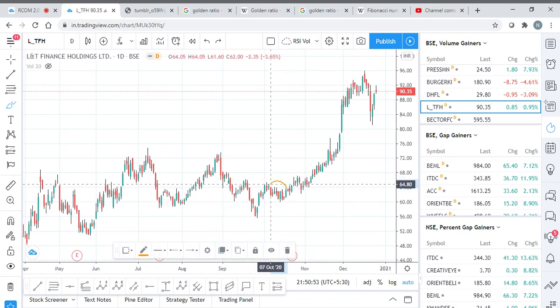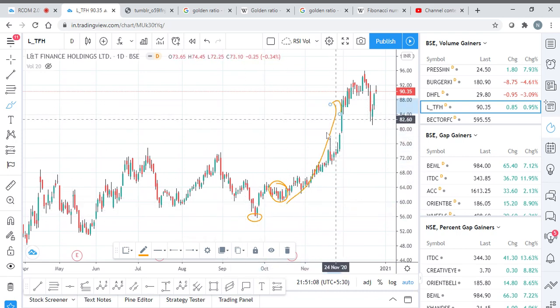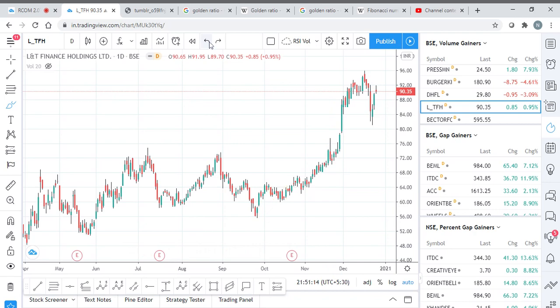In Elliott wave, you should find out the swing low. Actually, this is the start of the trend. But from this point onwards, it took the jump. It is going in an impulsive way. So this point should be considered as the point to plot the Fibonacci retracement.